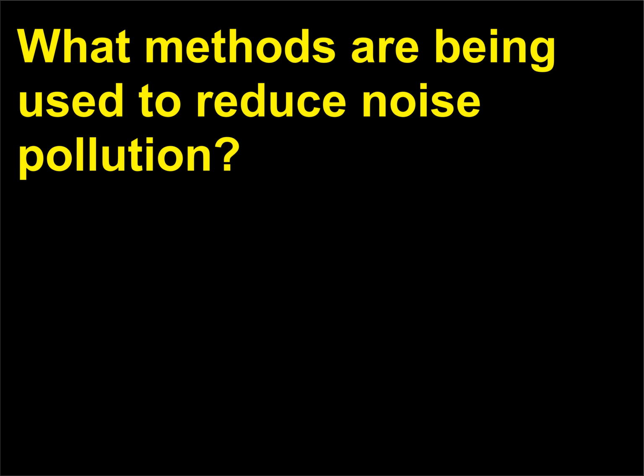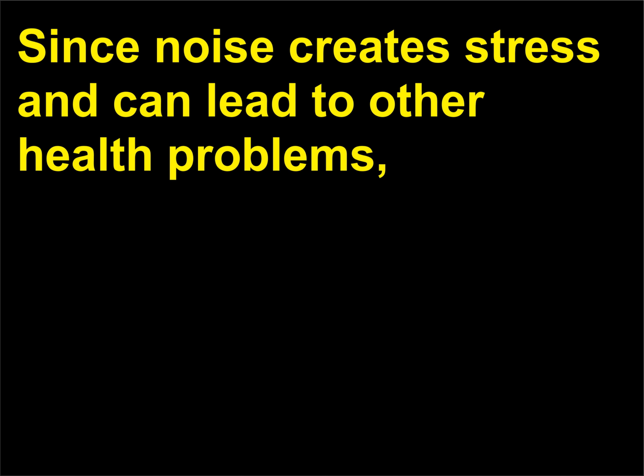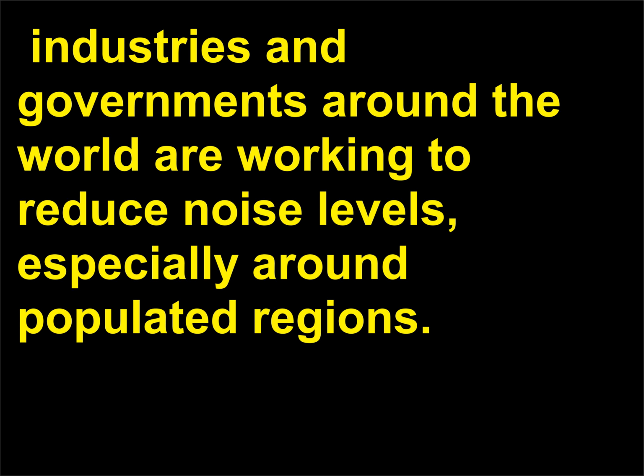What methods are being used to reduce noise pollution? Since noise creates stress and can lead to other health problems, industries and governments around the world are working to reduce noise levels, especially around populated regions.